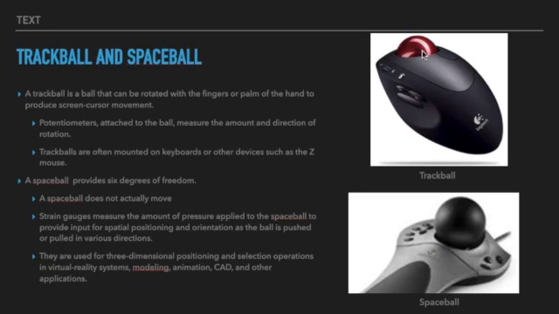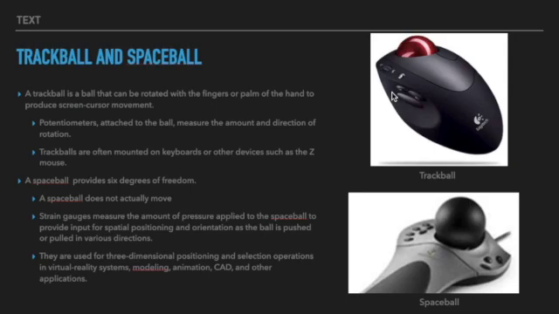This ball can be rotated with fingers or the palm of the hand to produce the screen cursor movement. There is a potentiometer attached to the ball. This potentiometer measures the amount and direction of the rotation, and with that the cursor moves. Trackballs are often mounted on keyboards or other devices such as the mouse.